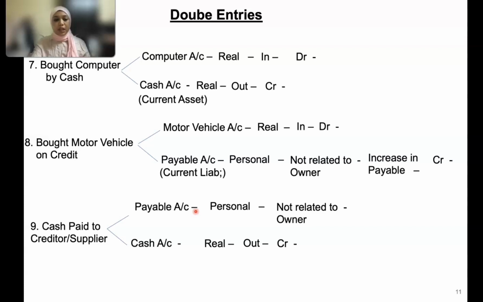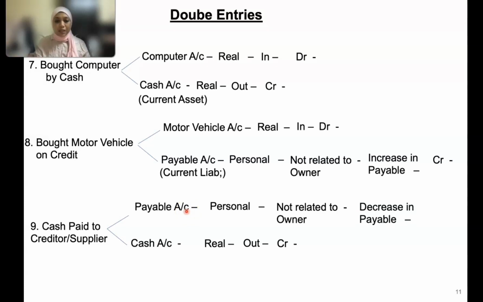Because we paid cash to our supplier, we owed our supplier before 500, let's say. Now we are paying them back, so this will decrease our payable. Because of this cash paid to supplier, will it increase our payable or decrease our payable? It will decrease our payable.